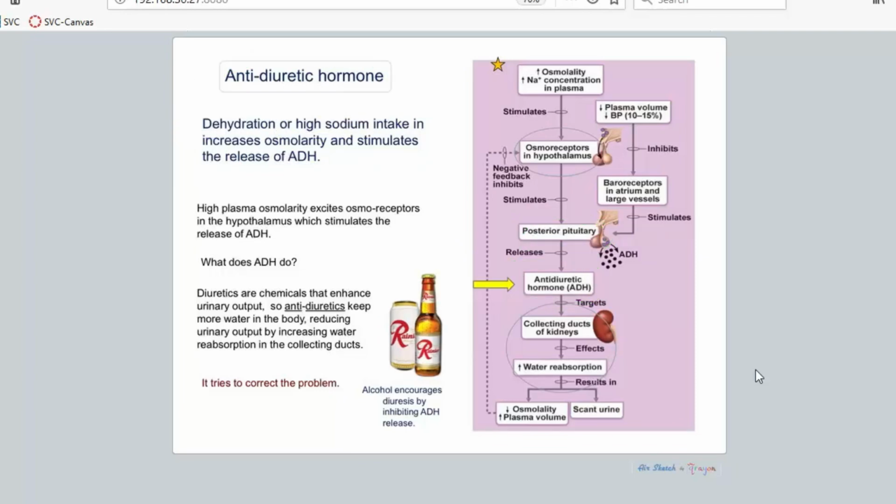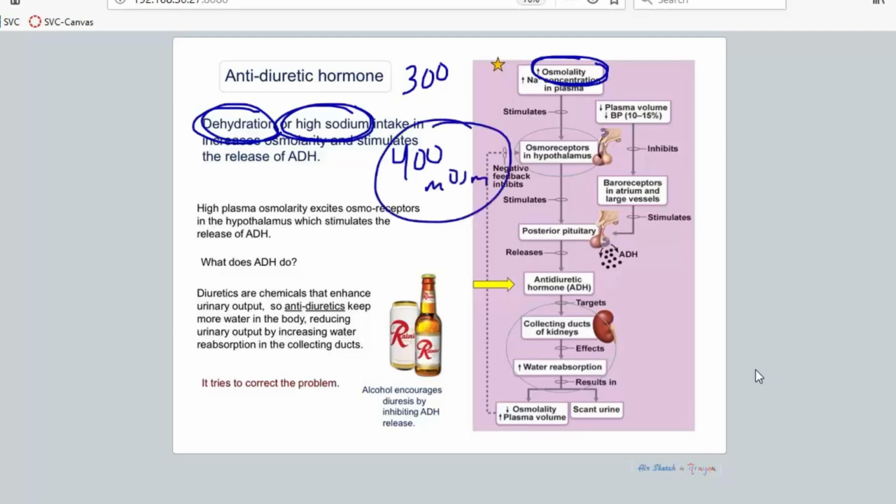In either of these cases, if you're dehydrated or you have high sodium in the body, that increases the osmolarity of the body fluids. Where homeostasis is 300, maybe it raises it to 400 milliosmoles. And that's a problem, okay? That's out of balance. We need to maintain homeostasis there.